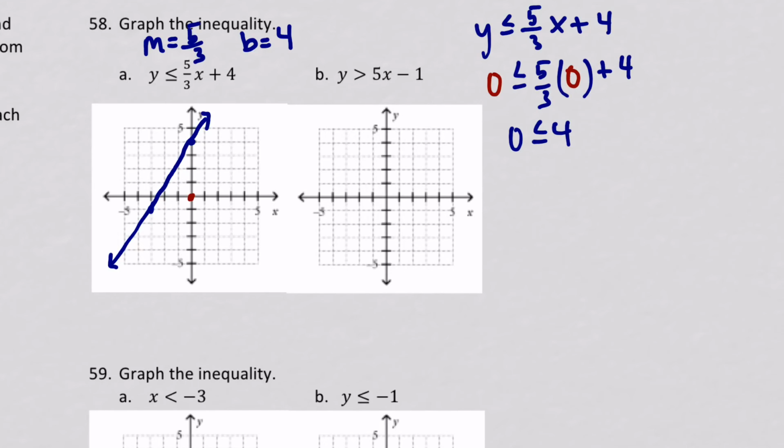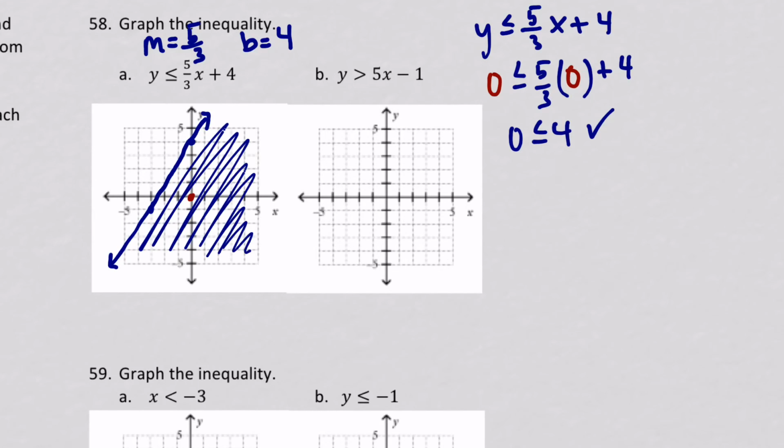Is 0 less than or equal to 4? Well, it's not equal, but it is less than. So you're going to say, yes, that is true. So, since 0, 0 is true, that means every other point on this side of the line will be true. So you will shade everything on this side of the line. Every single point on that side.